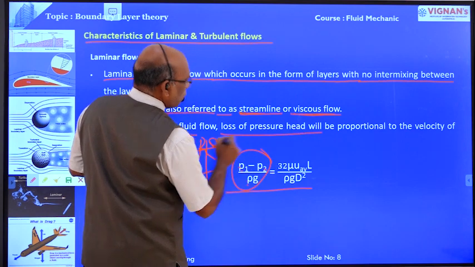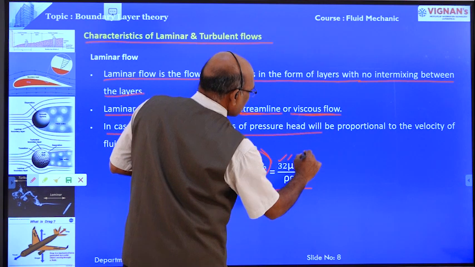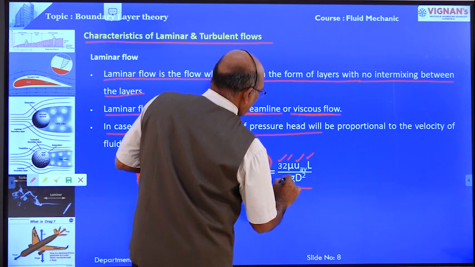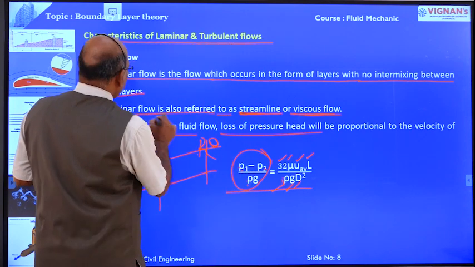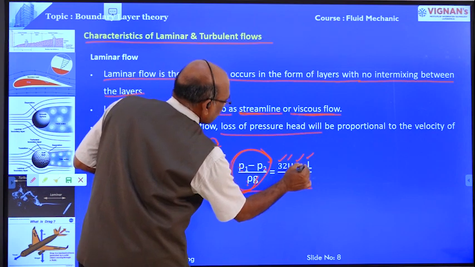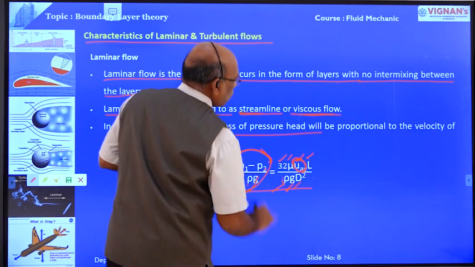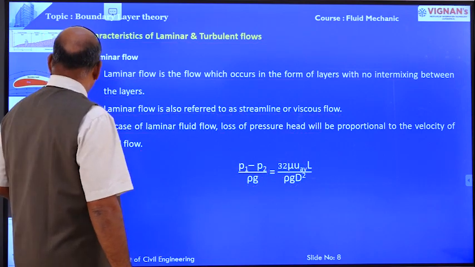Suppose this is section 1-1 with pressure P1 and section 2-2 with pressure P2. The loss of pressure head (P1 minus P2) divided by rho g is equal to 32 mu times average velocity times length, divided by rho g times diameter squared. Right? In case of laminar flow, the loss of pressure head is directly proportional to the velocity of flow. This is one of the characteristics of laminar flow.